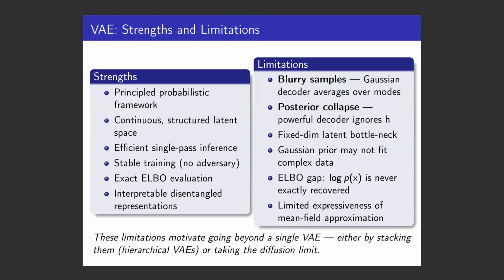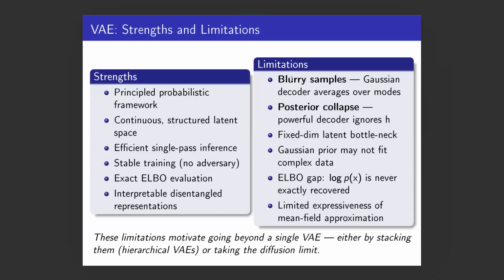So if you look at the variational autoencoders and you want to look at strengths and limits, you actually have a nice probabilistic framework. You can deal with continuous latent spaces. You have efficient ways of passing to the encoder and from the encoder to the decoder. Stable training. The ELBO can easily be evaluated.